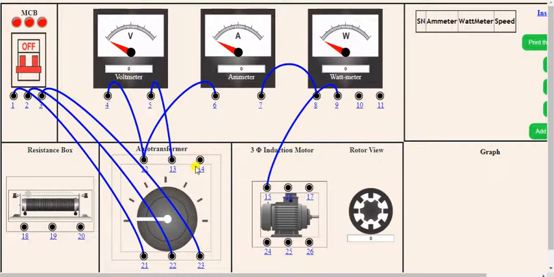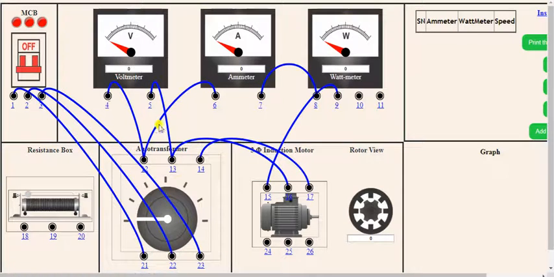Then connect 13 to 16, the second supply terminal, and 14 to 17, the third supply terminal, of the induction motor. So the three phase supply is given to the motor.